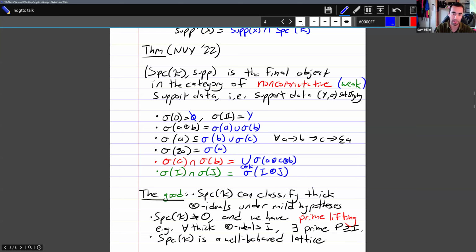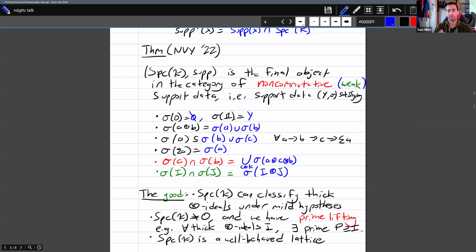So really, only 0 should return the empty set, and every closed subset should show up somehow via the support. And then in this case, you know that this ends up being, one, the Balmer spectrum, and two, classifying all of the thick tensor ideals.